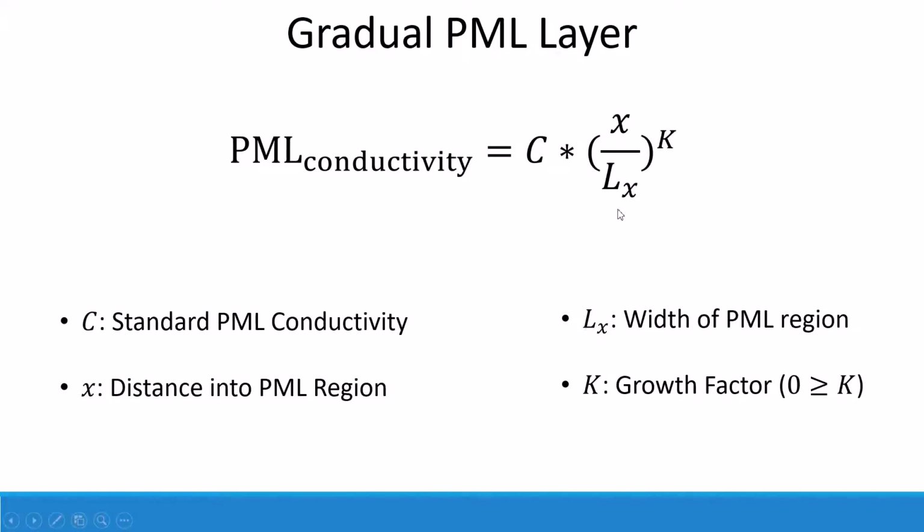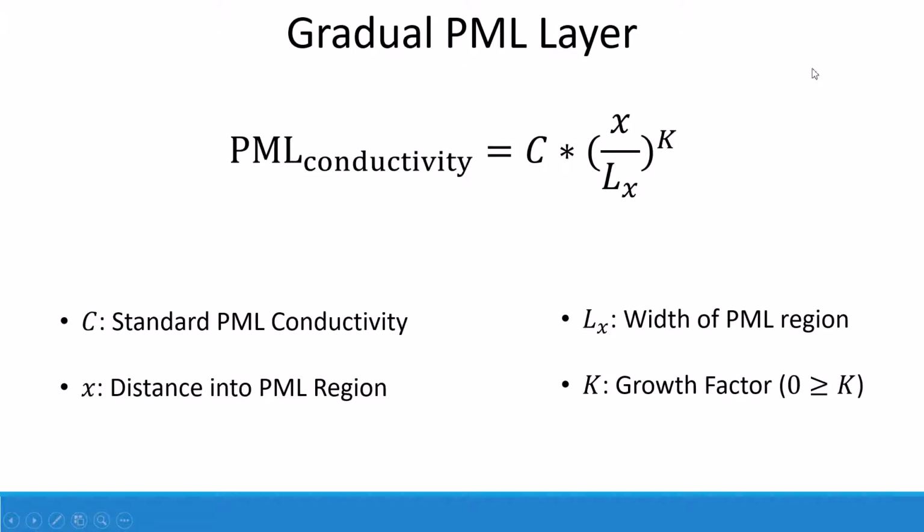So this growth function goes from 0 to 1 across the width of the PML region, slowly introducing the PML conductivity up to the full value of c here. The larger the growth factor that is defined, the more gradual this process is and the higher the increase close to the actual boundary.